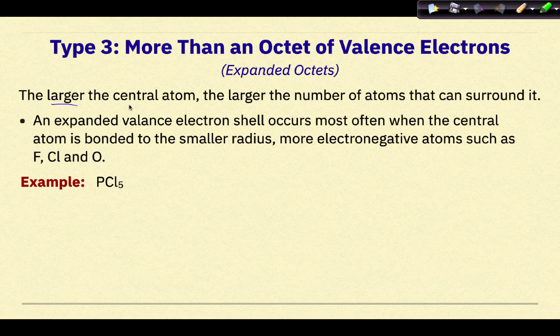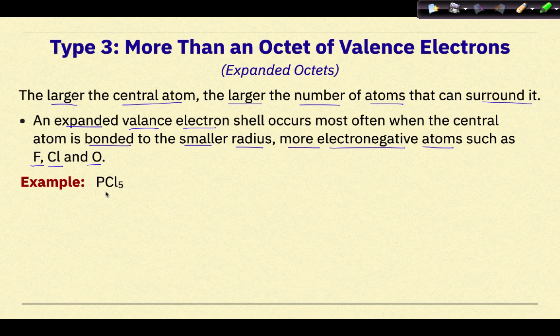The larger the central atom, the larger the number of atoms that can surround it. An expanded valence shell occurs most often when the central atom is bonded to smaller radius, more electronegative atoms such as fluorine, chlorine, and oxygen.